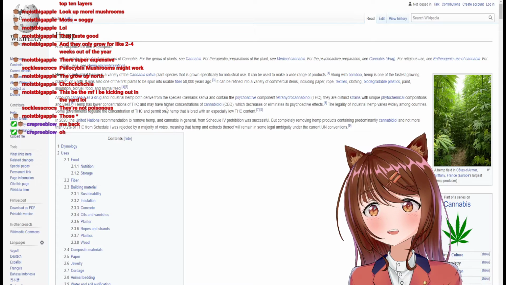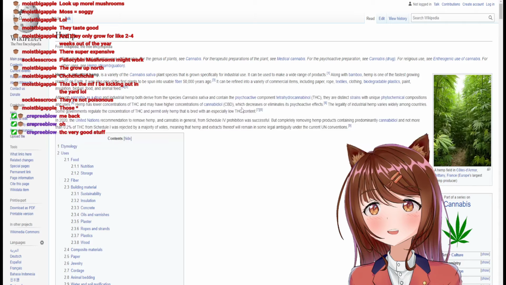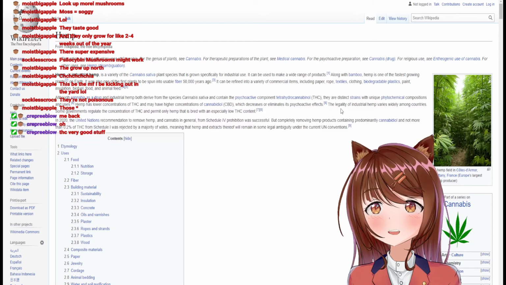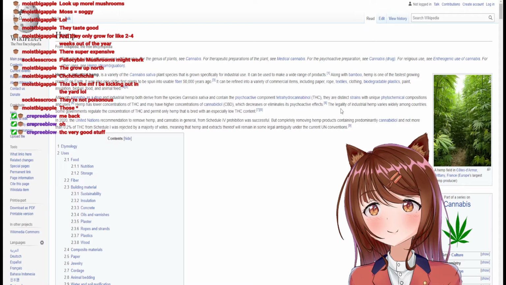Hemp has lower concentrations and may have higher concentrations of CBD, which decreases or eliminates the psychoactive effects. Some governments regulate the concentration of THC and permit only hemp that is bred with an especially low THC content.